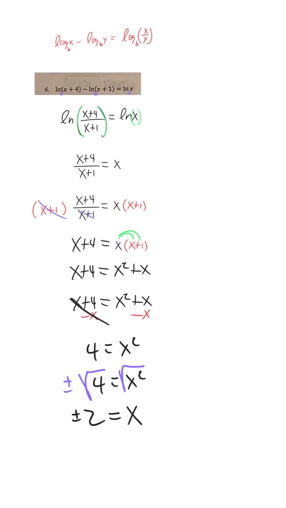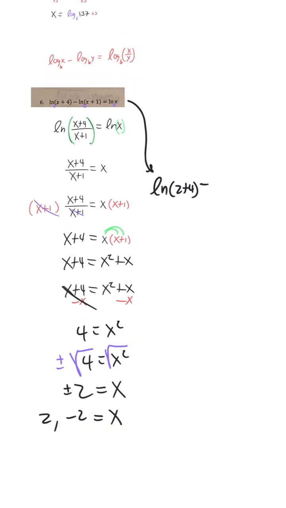And checking your answers, let's just double check because we do have a negative answer. We have a positive 2 and a negative 2. So let's check the positive answer by plugging in positive 2. We would have ln of 2 plus 4 minus ln of 2 plus 1. And does that equal ln 2?